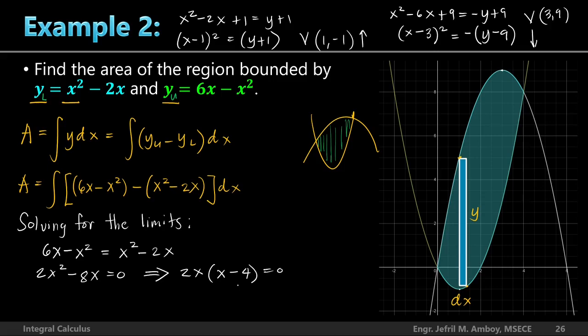So, from this, obviously, kita na natin kung ano ang values ng x1 at saka x2, di ba? So, if 2x is equal to 0, then x1 is 0. And x minus 4 is 0, that means x2 equals positive 4. Okay, so nakuha na natin ngayon, algebraically, yung values ng lower at upper limits.